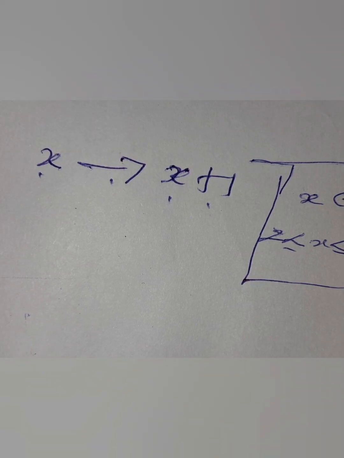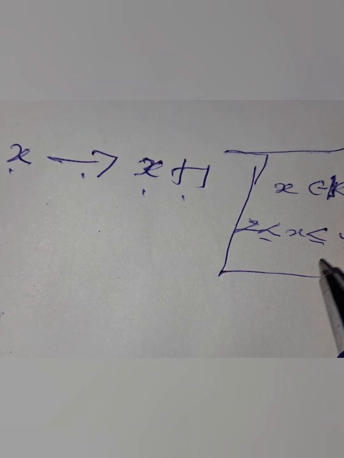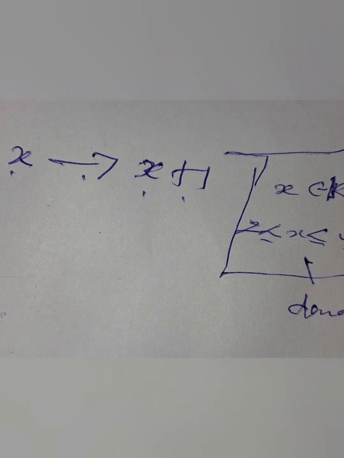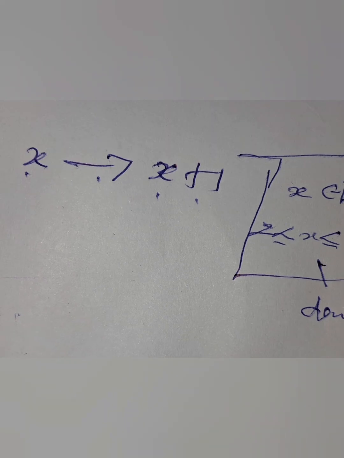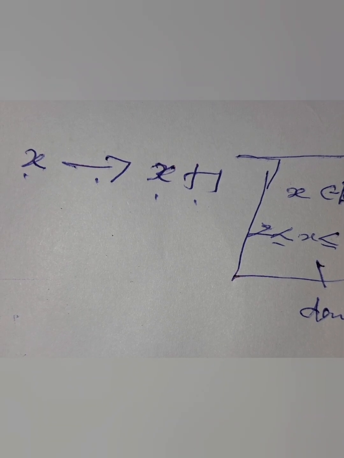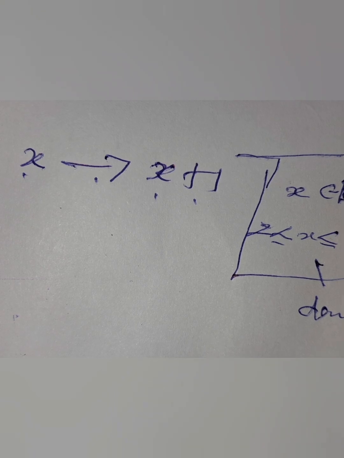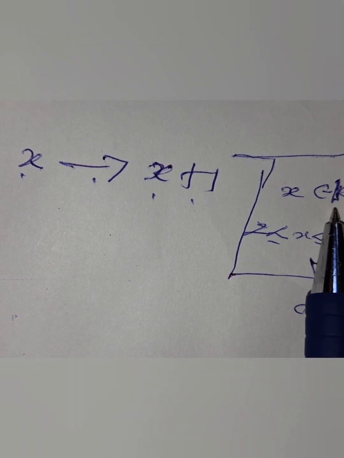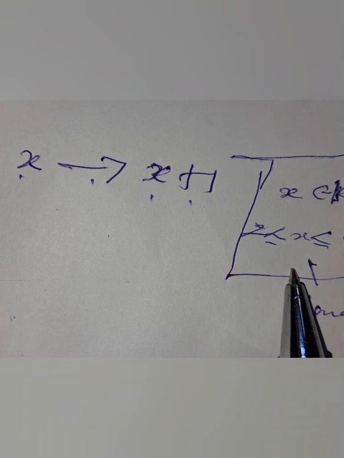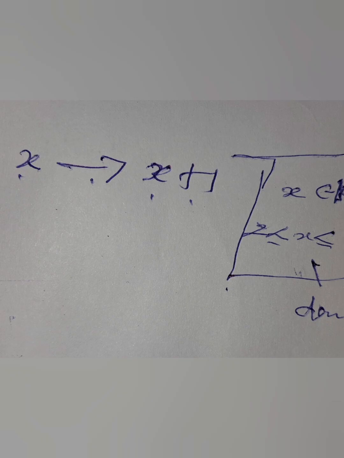So here, this is what we call the domain. In other words, x is put into f only if x is an element of real numbers and x is between 2 and 4.